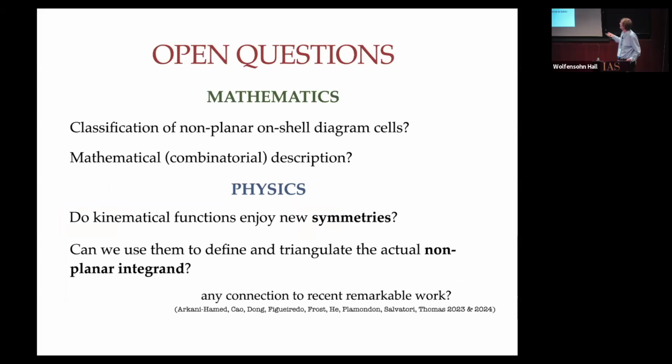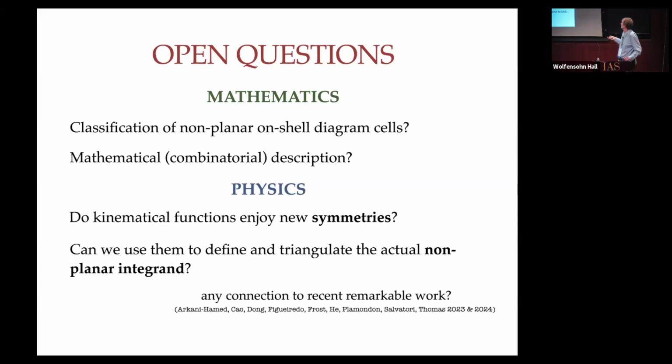Anyway, in addition to this question in mathematics, hopefully the progress here will also solve some outstanding problems in physics, especially related to new symmetries, which we don't know for the non-planar sector of N=4 super Yang-Mills. It's suggested there are some hidden symmetries, but we don't know them. We just know the planar ones.